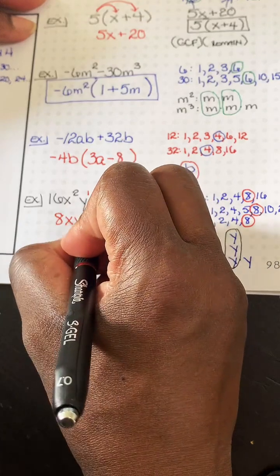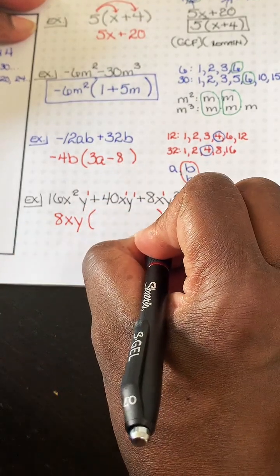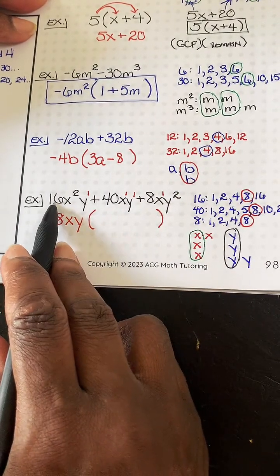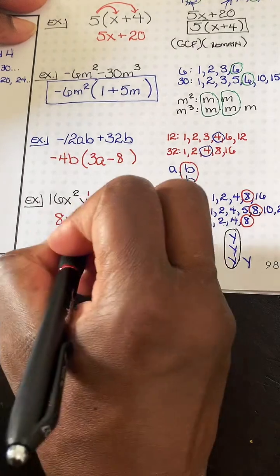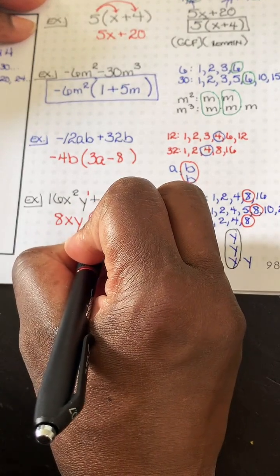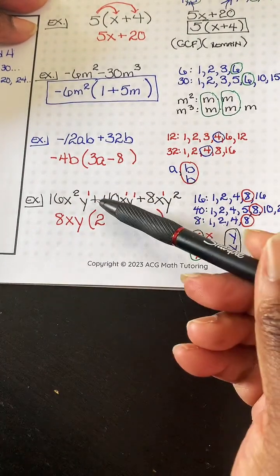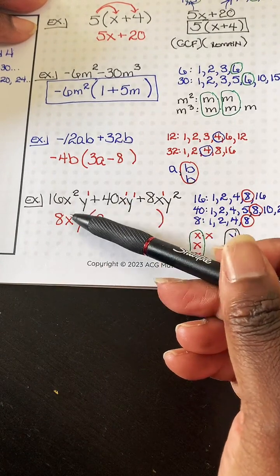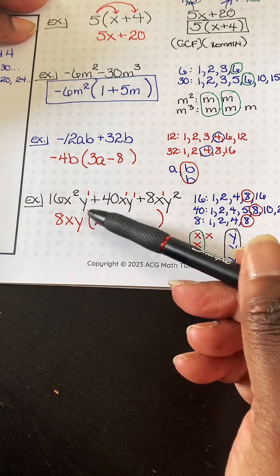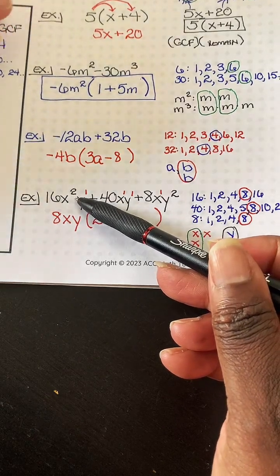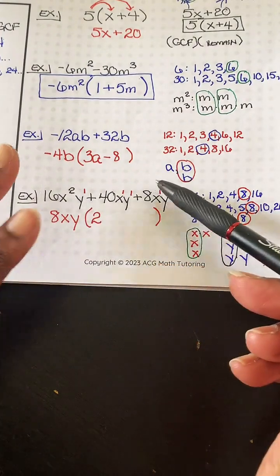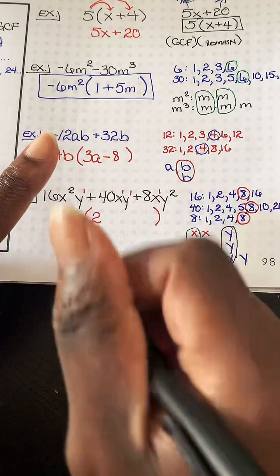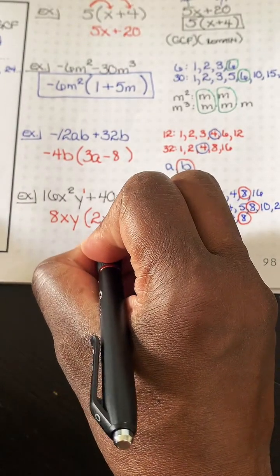So now, let's divide to fill in our parentheses. 16 divided by 8 gives me 2. And remember, when we're dividing, you're subtracting your exponents. Or you can think of it this way, since we're all visual learners: you have 2 x's, you pull 1 x out, you have 1 x left.